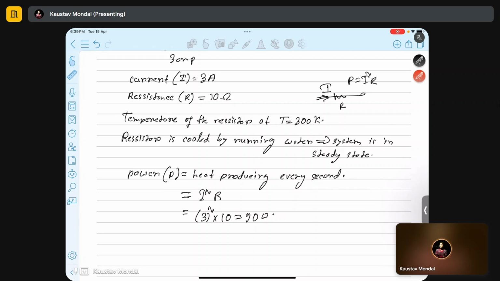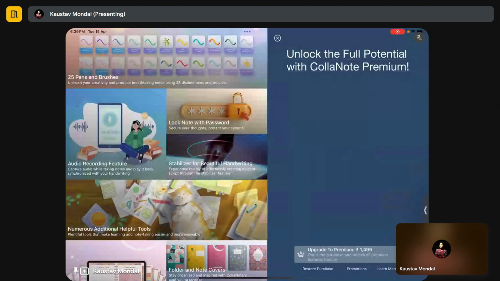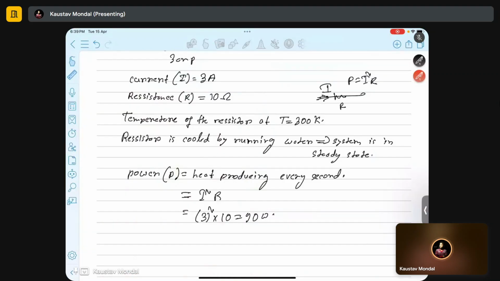That means there is no net change in the internal energy of the resistor, which means that whatever heat is produced by this resistor is immediately transferred into the surroundings by this running cooled water.